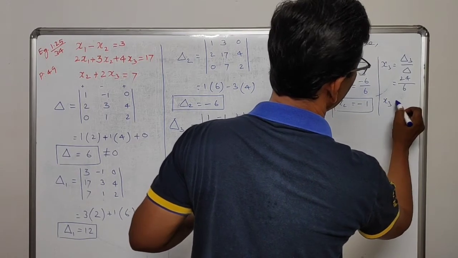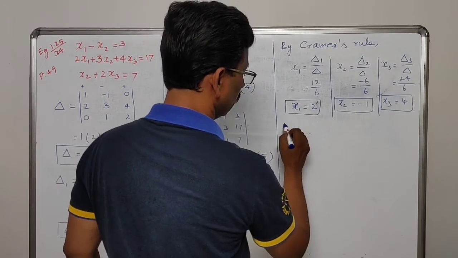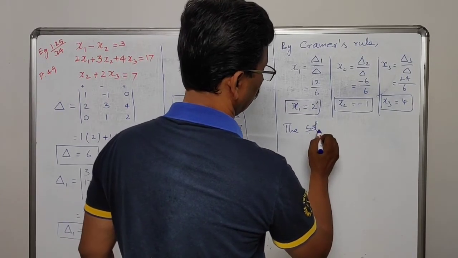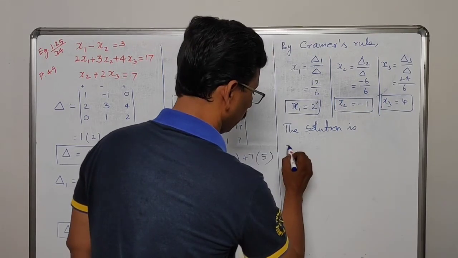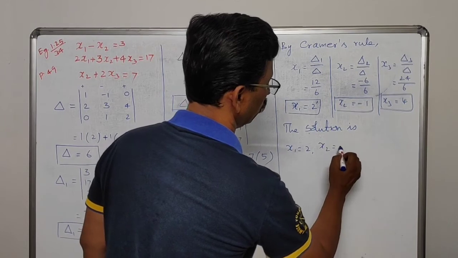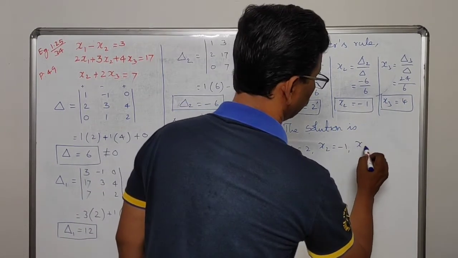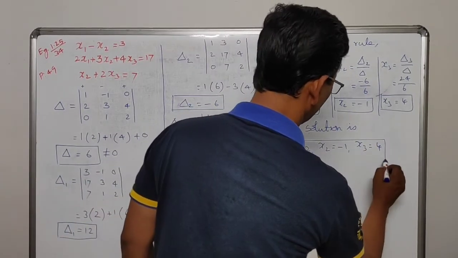Therefore x3 is equal to 4. Therefore, the solution is x1 equal to 2, x2 equal to minus 1, x3 equal to 4. Likewise, we can find the solution.